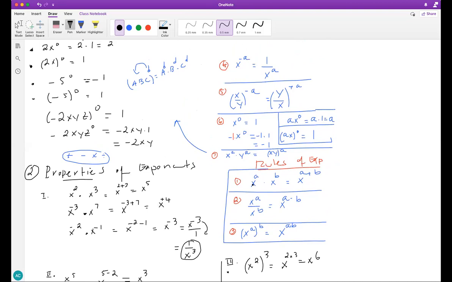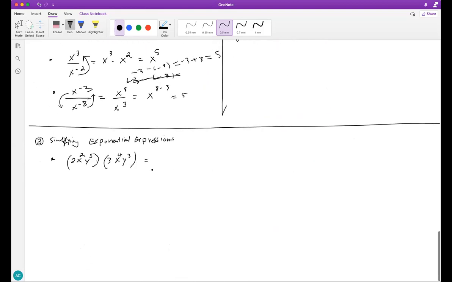When multiplying the same base with different powers, just add the two exponents. Like I said before, there could be just one variable here, or multiple, but the rule is the same. It could also be numbers, like here, for example, we have 2 and 3. Those are just regular real numbers. They're coefficients. They're not powers, it's just regular numbers in front of these variables.